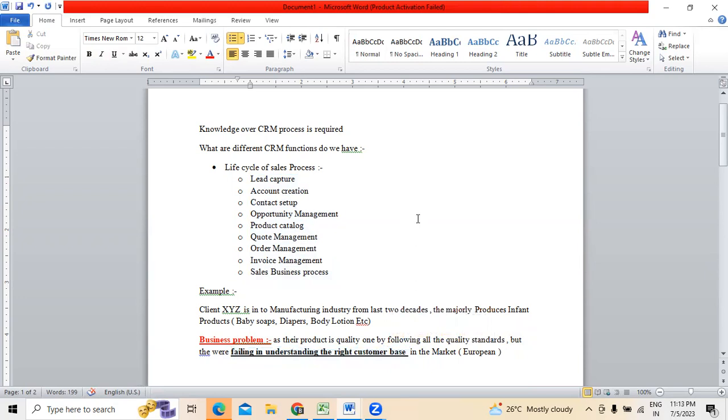Yeah, the first four are relating to that, and the last one, the sales business process, those five. Yeah, lead capture, the first one. Okay, next. Yeah, the first four. Yes. Okay. Contact setup, opportunity management. So my question to you is, how are account creation and contact setup related to this problem?